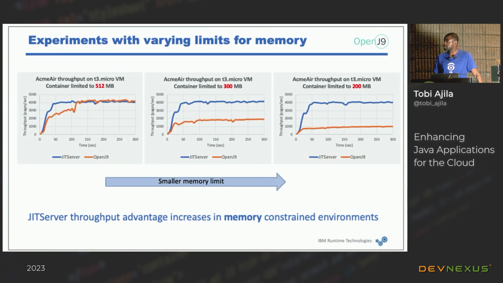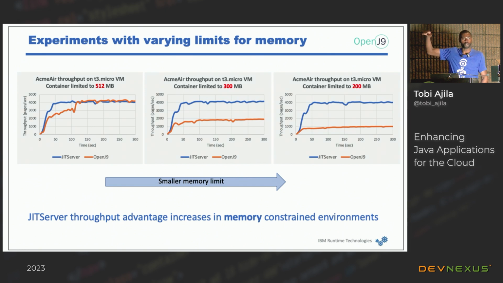This chart shows the benefit of JIT server in constrained environments. In all these cases, they're running the same thing. On the left, the node is provisioned with 512 megabytes. You can see that the ramp up is faster with the JIT server than without, which is one of the benefits of this approach.